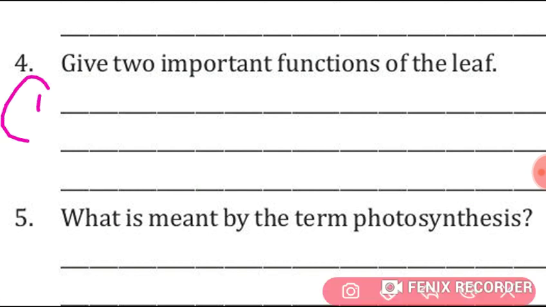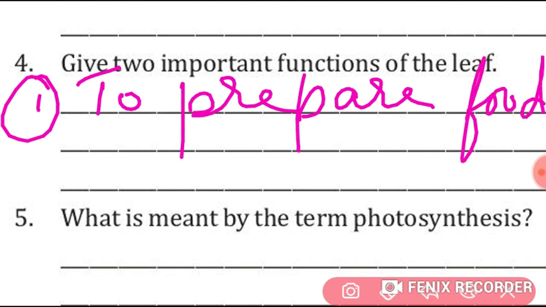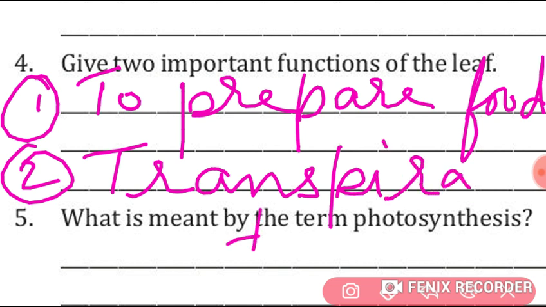Students, first function, to prepare food. And second, write transpiration.